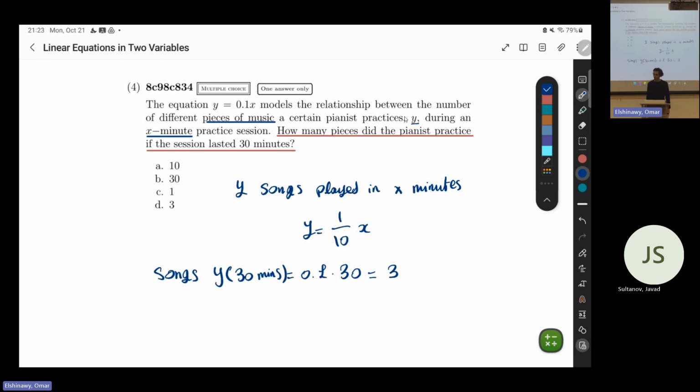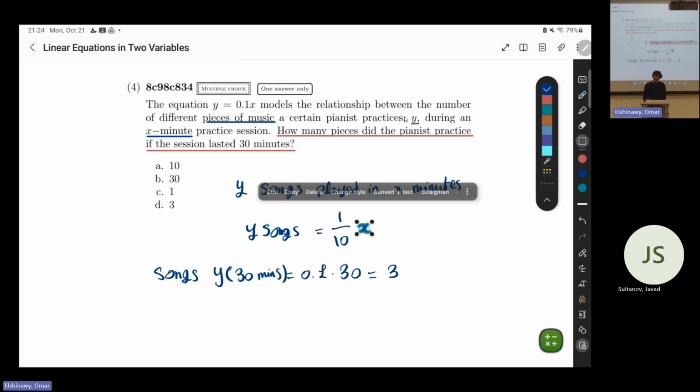It's like saying within the time given for one song, totally 10 songs are played. So what this function is telling us is that y songs is equal to 1/10 of x.